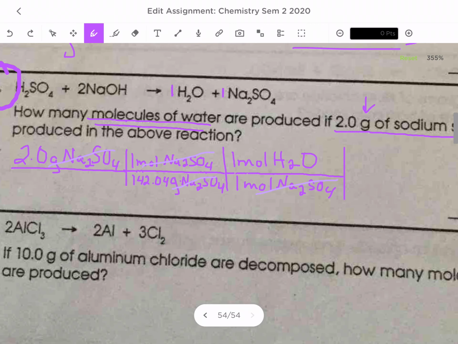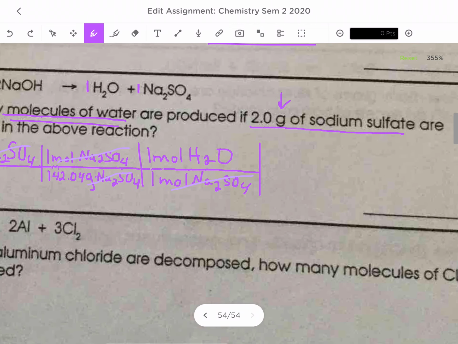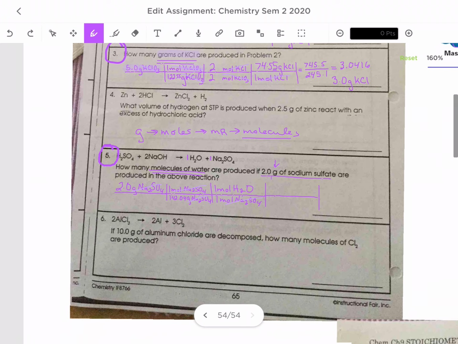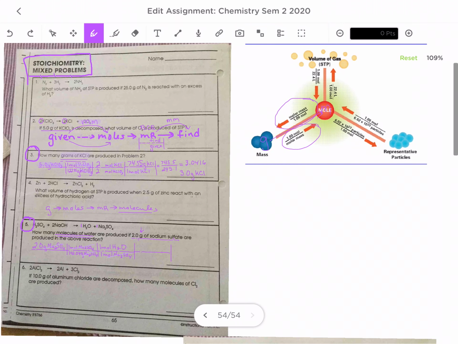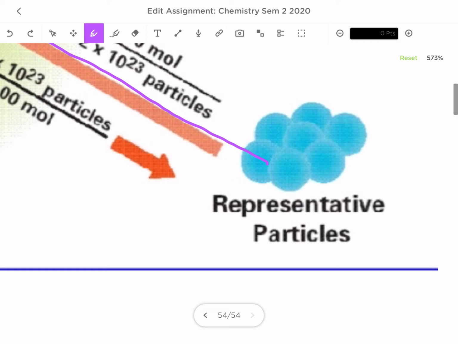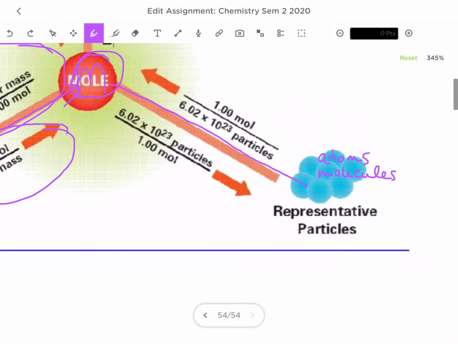And now I need to go to molecules. Right now I'm in moles, but I need to go to molecules. In order to do that, I need to look at my mole map. So I'm in mole city, but I need to go to particle city because particles are things like atoms, molecules, so they live down in that part right there.